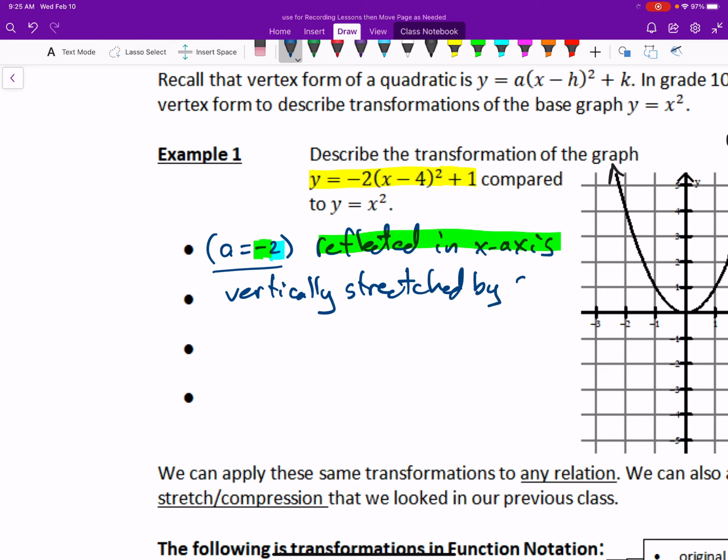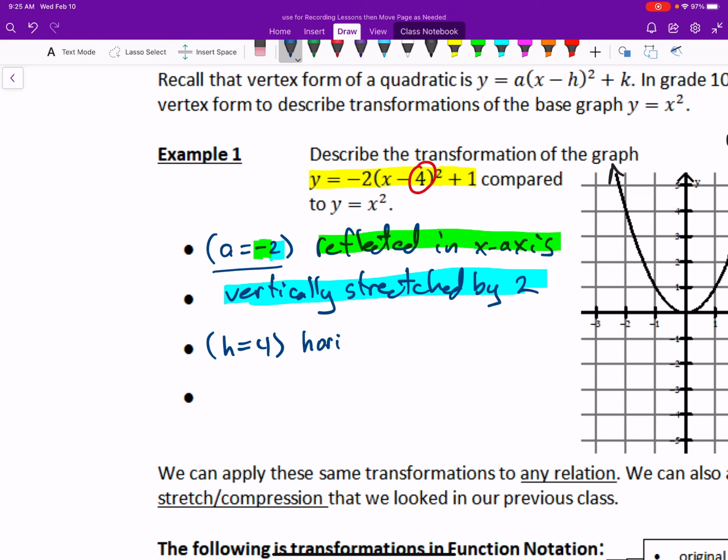To vertically stretch something, I could take all my y values on my original function and multiply them by 2, and now they're twice as big. We can see that h is positive 4. Remember, it's positive 4 because when I pull it out of the equation up here, I change the sign. And that's my horizontal shift.